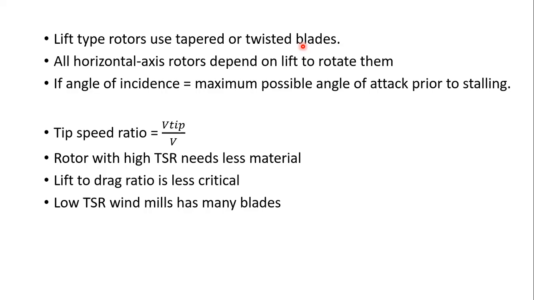Solid means without any cuttings or included holes in it. If you take a solid blade or a sail, the wind will not be lost through the gaps between them.